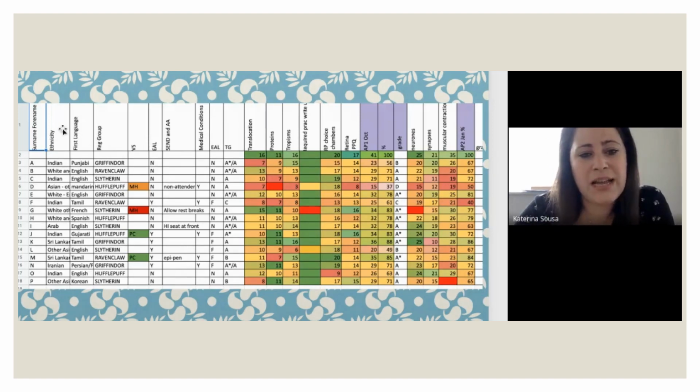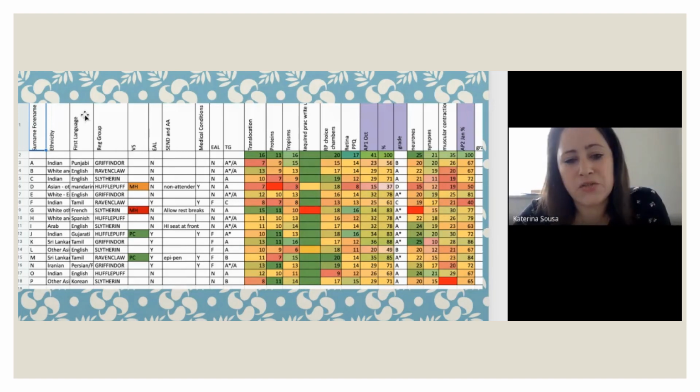First language and ethnicity, again, completely optional. However, in our context, we have a very multicultural school, and as a result, there are certain cultural things that we might need to take into consideration when we are teaching certain topics, and certain cultural capital that students can bring to the classroom when we're teaching certain things.